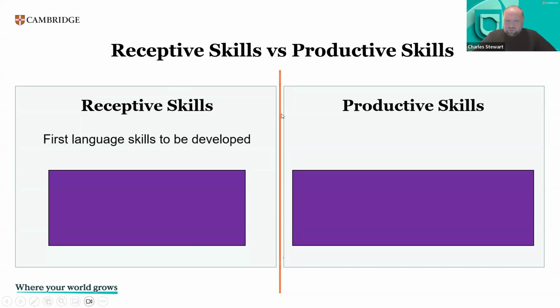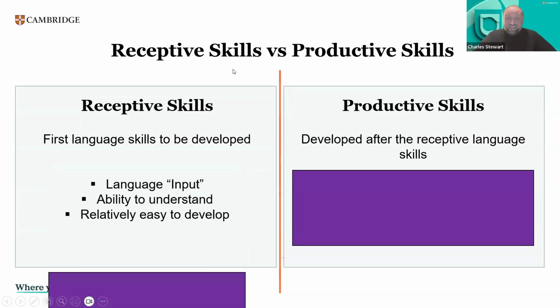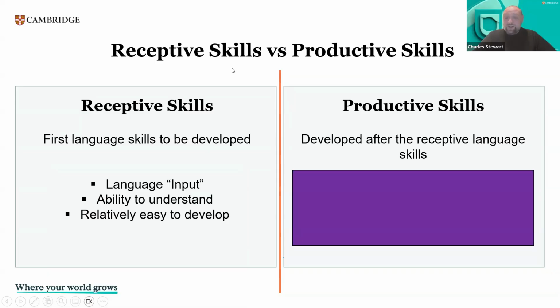Receptive skills are usually the first language skills to be developed. The productive skills are usually developed after the receptive. Which of these 4 skills would be receptive skills? Absolutely, listening and reading, because both listening and reading involve language input.